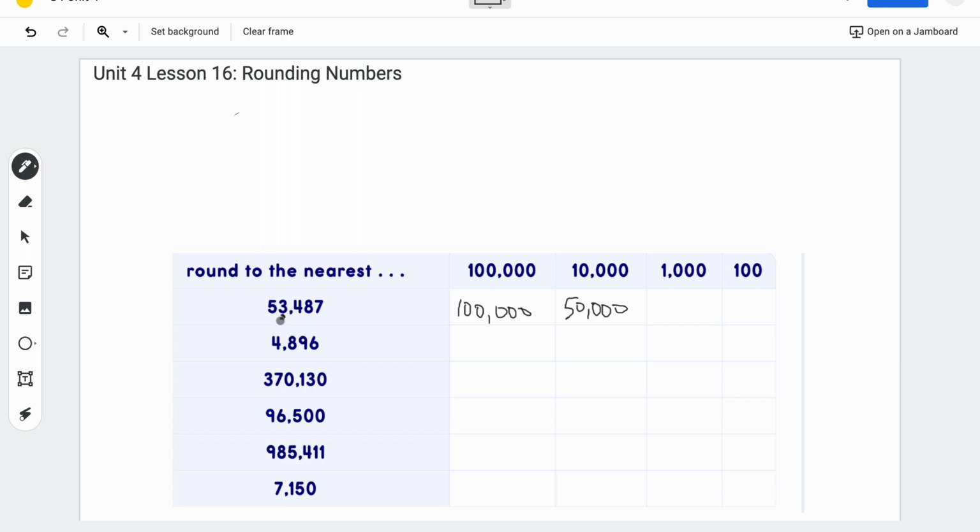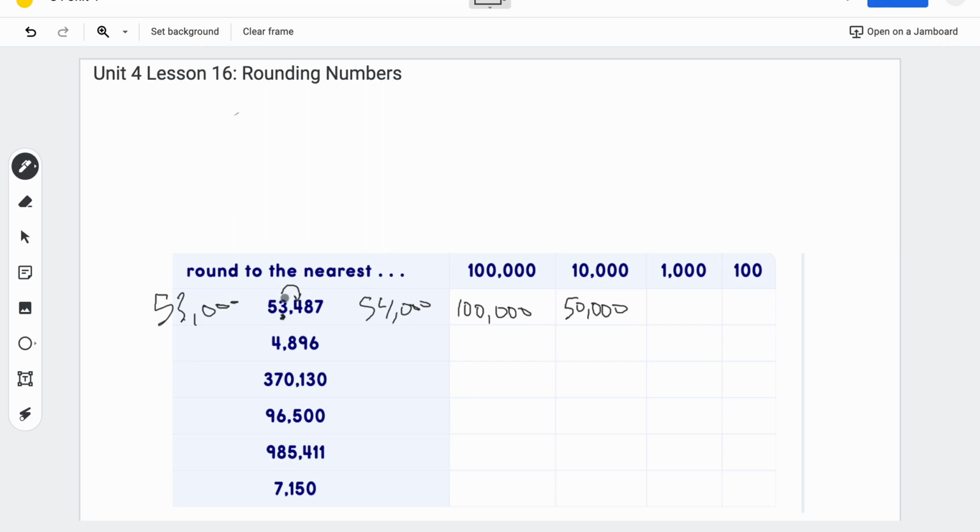So I want to know if this number is between 53,000 and 54,000. Is this closer to 53,000 or 54,000? One very quick way to know if I round down or round up is to look at the digit to the right of the digit that you're trying to round to.